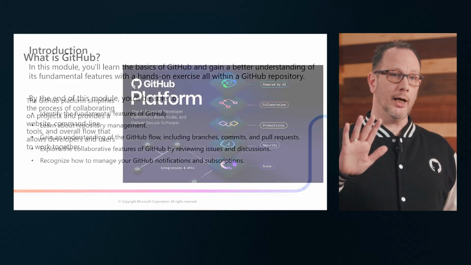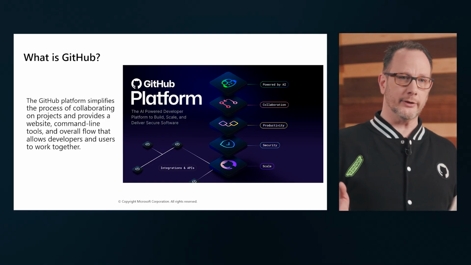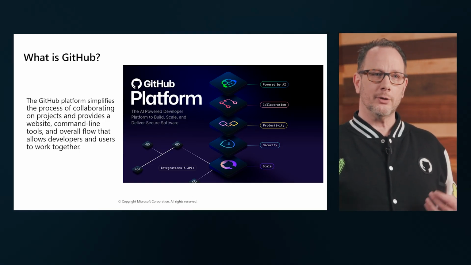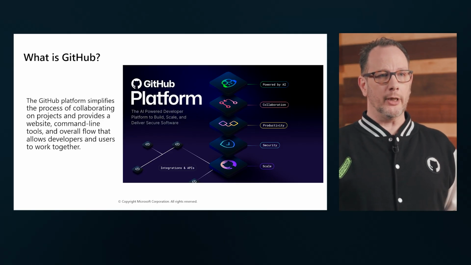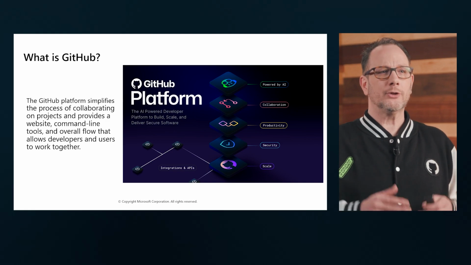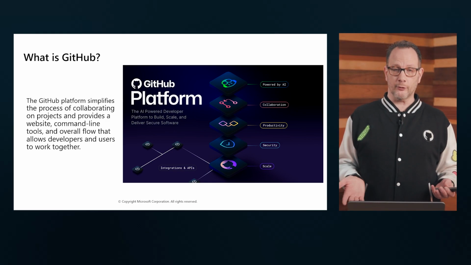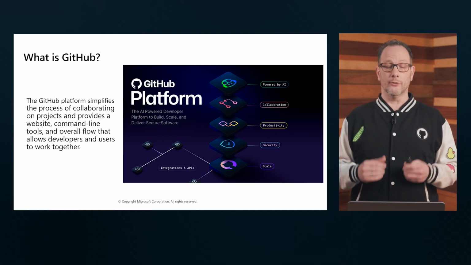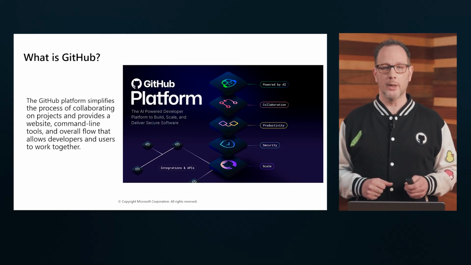On this slide, I want to set the stage by explaining what GitHub actually is. Many people first encounter GitHub as simply a place where code is getting stored, but it's so much more than that. GitHub is a full development platform built on top of Git, the version control system that tracks changes to your code.